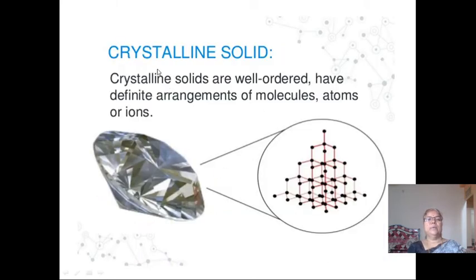Crystalline solids are well ordered and have a definite arrangement of molecules, atoms or ions. Here this is the diamond. All of you are very well familiar with this systematic, periodic and regular arrangement of the atoms in the diamond.